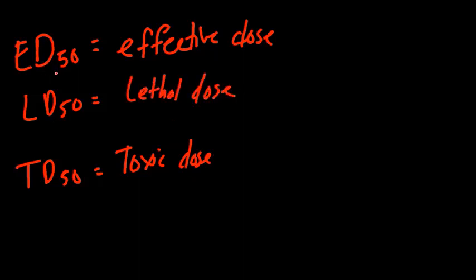So ED50, it stands for you give 100 patients this drug, and we're trying to figure out what the effective dose is for 50% of the patients to get that effect. So let's continue with our pain relief. You have 100 patients with pain. What dose is required? And you're going to test these doses in all the different patients.